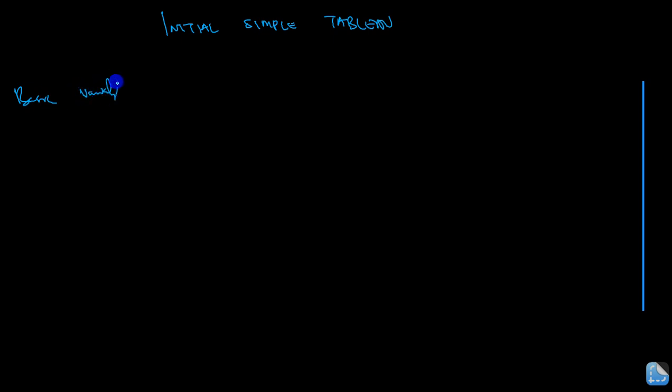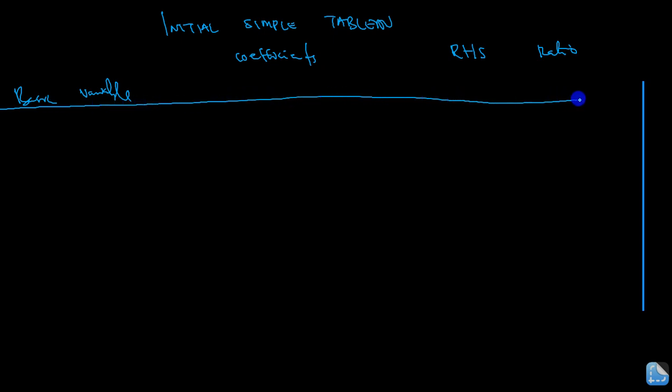So just write basic variable here. Okay, and on top here, we can just write coefficients of, and then here you're going to write right hand side, RHS, and then put ratio there, and then we're going to close this table just like that.